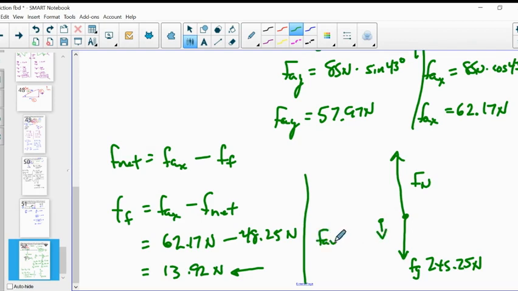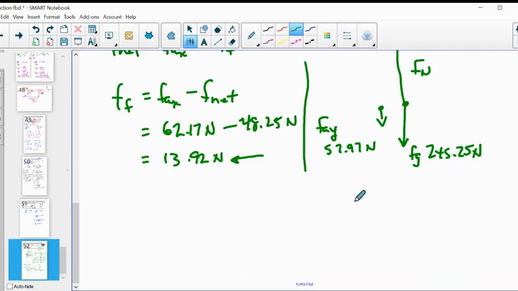Our FAY, 57.97. Okay. So we can easily see by drawing this piece of the free body diagram that the normal force will be equivalent, but in opposite direction, to the FA in the y direction plus the force of gravity. So the Fn will be equal to this 58 plus 245.